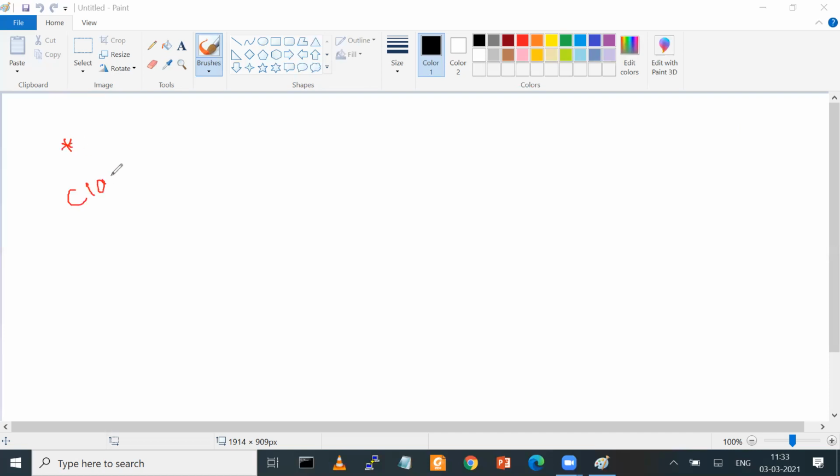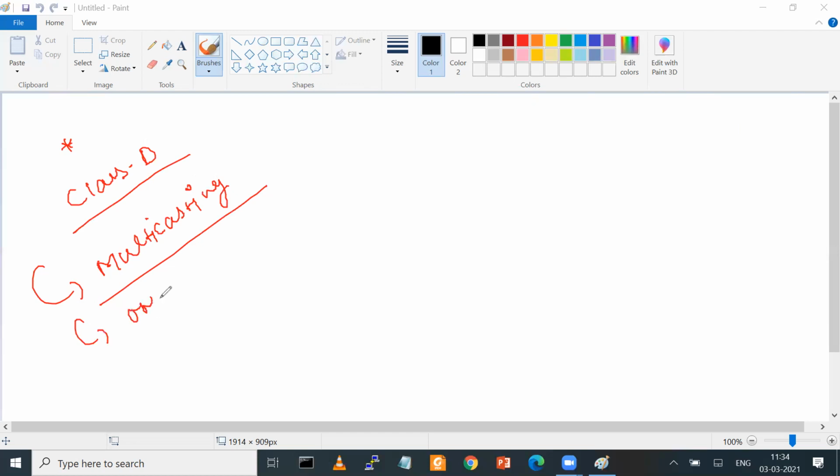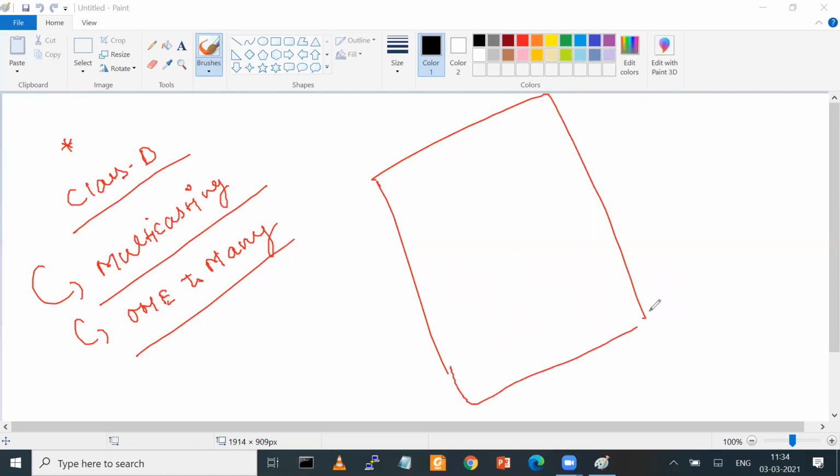See, the next class is class D. Class D is for multicasting. Multicasting is 1 to many. Before starting multicasting, let me explain the 3 kinds of casting which we use in IPv4. The first is unicast.